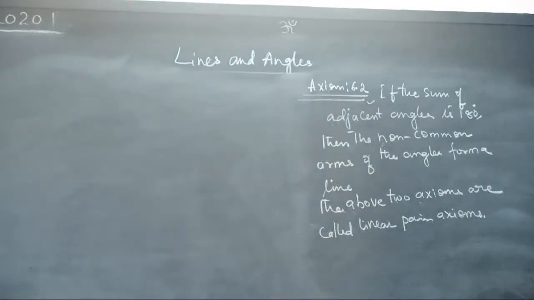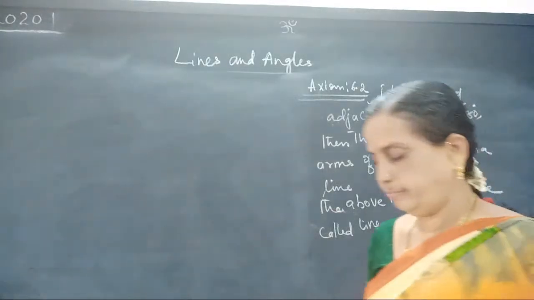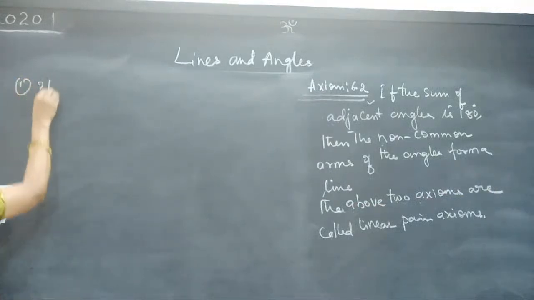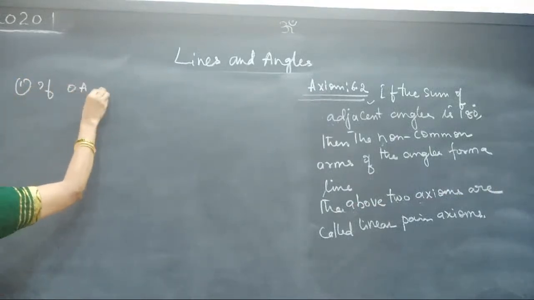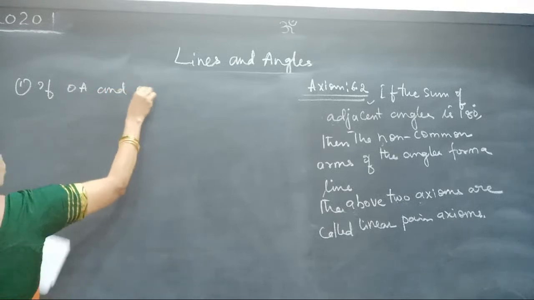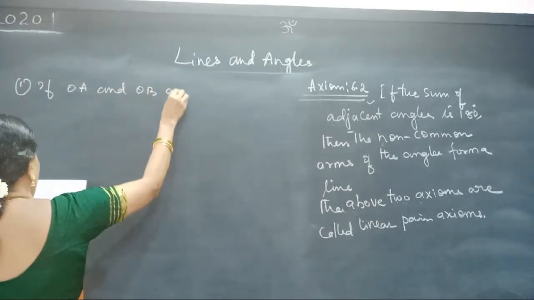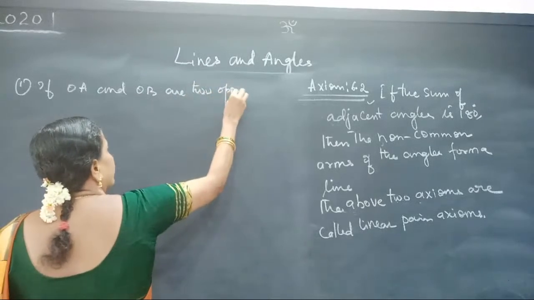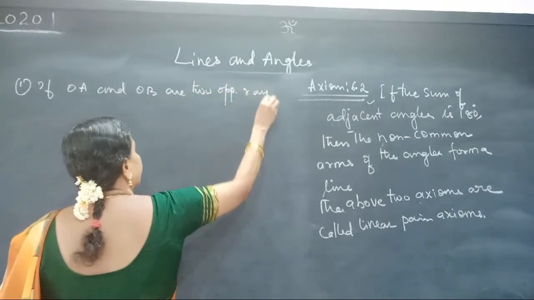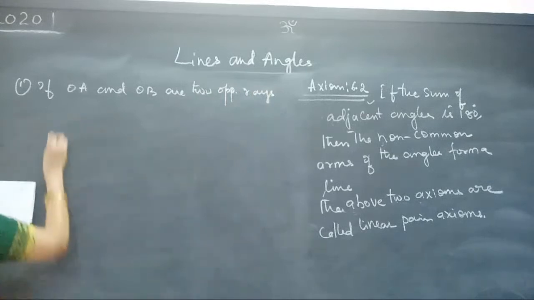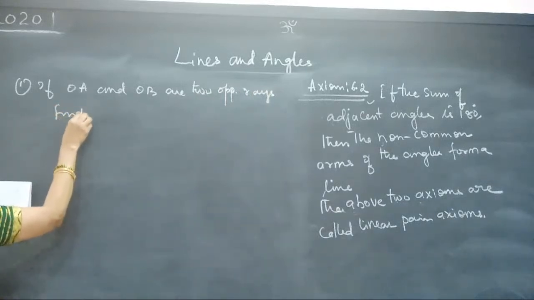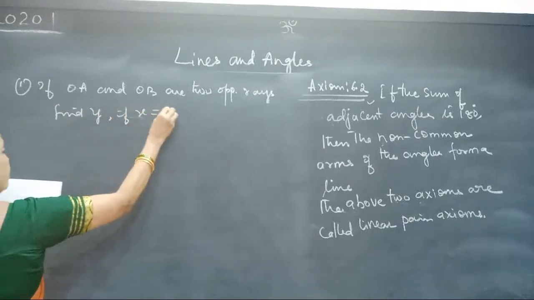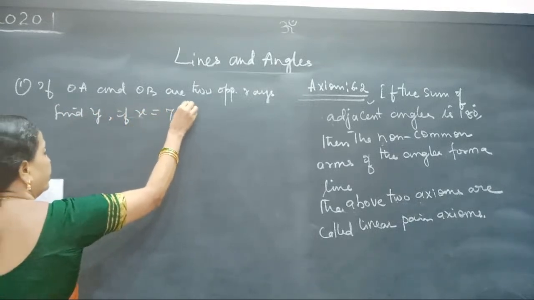Question number 1. If OA and OB are two opposite rays, find y if x equals 75 degree.